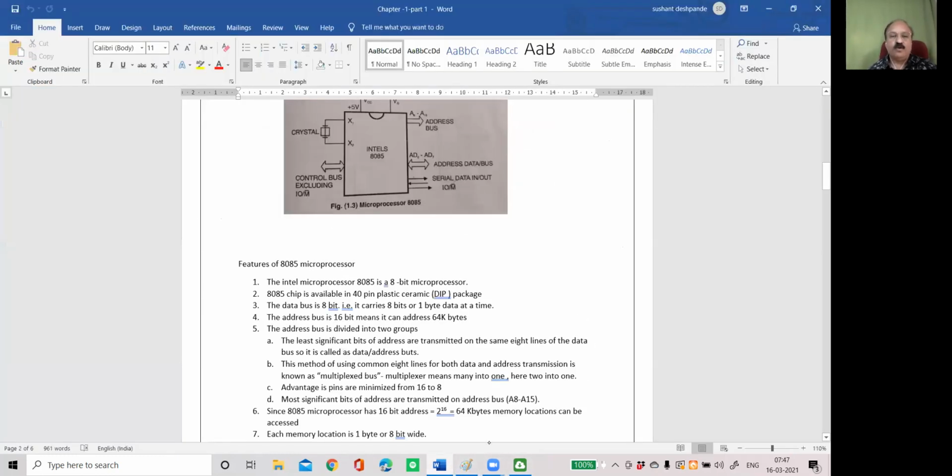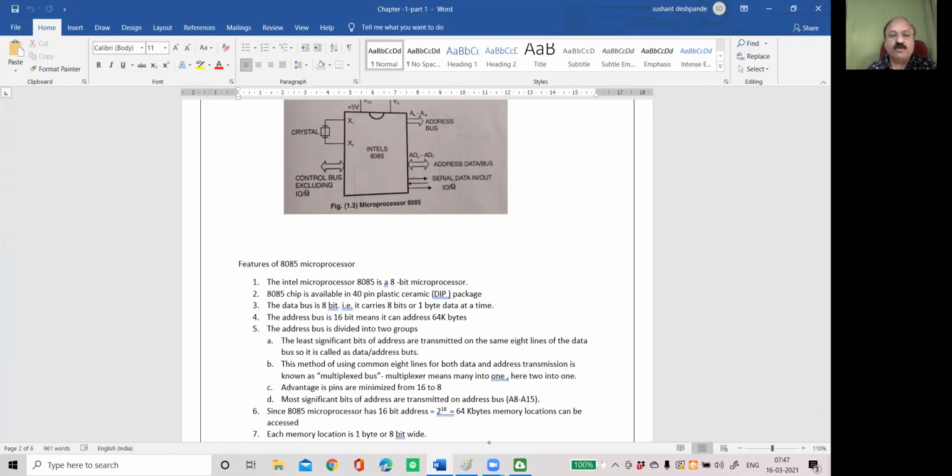Okay, good. So what are the features? It is 8-bit microprocessor. So when we say 8-bit microprocessor, what will be the data bus of 8085? Yes, 8 bits, because the 8 bits will be transferred on data bus at a time.